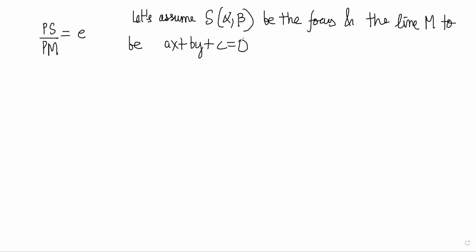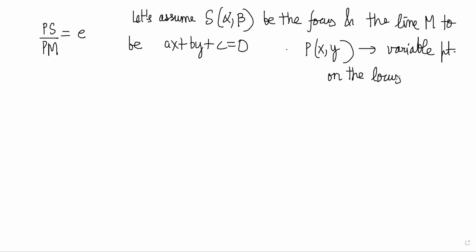That becomes a directrix, and E is the eccentricity. And let's take P(x, y) as a variable point on the conic section, variable point on the locus, right? Then how do I find the equation of the locus P, right?